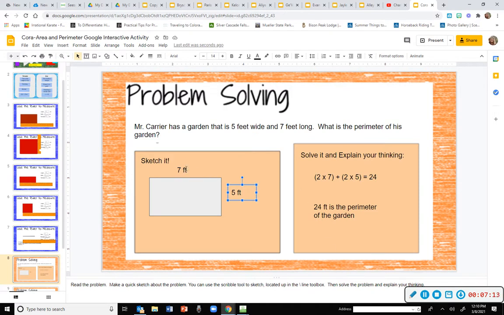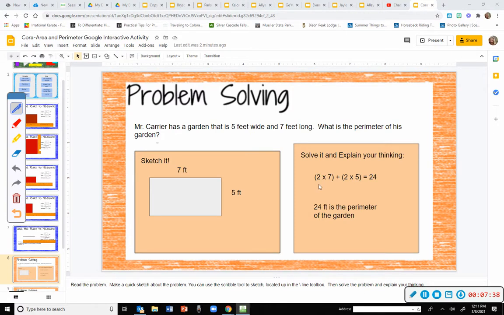So we would take 7, and it would also be put down here, right? 7 plus 7 plus 5 plus 5. Okay, she's also done 2 times 7 because there's 2 7s. And 2 times 5 because there's 2 5s.